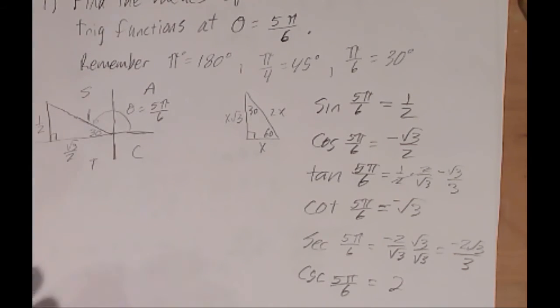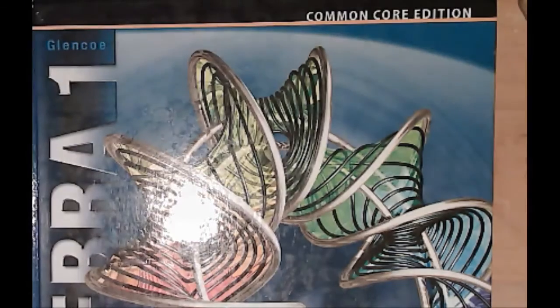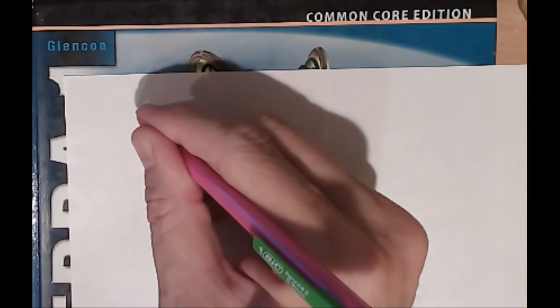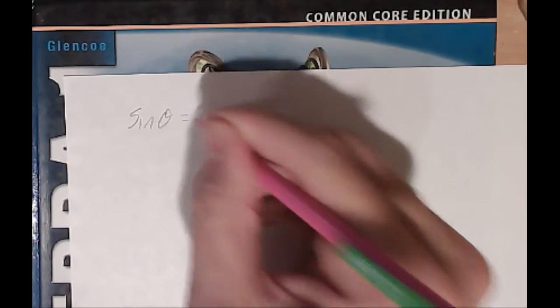All right, let's do another one where we're going to find, let's say we are given that sine of theta equals 5/13.